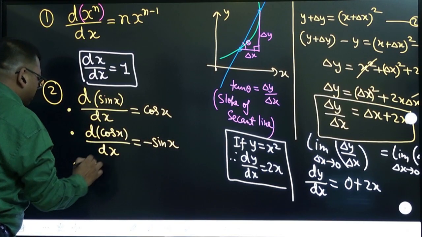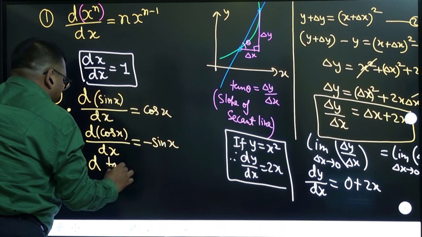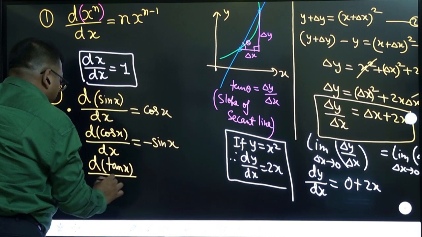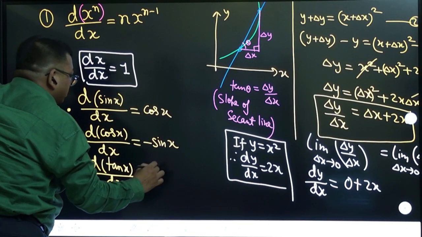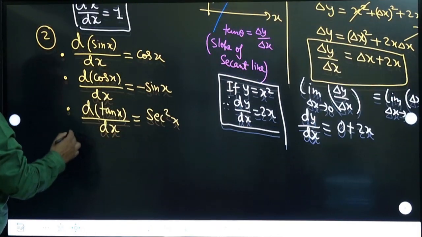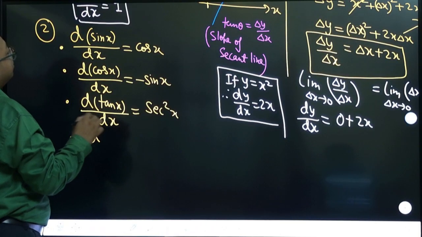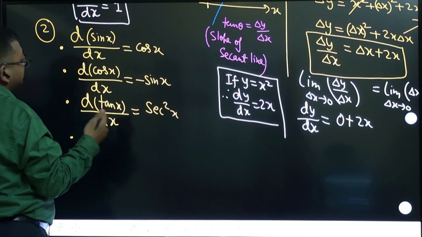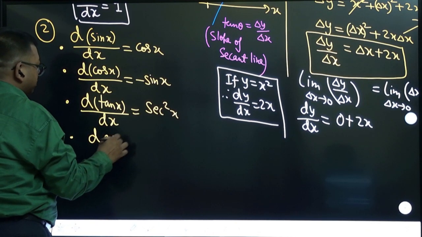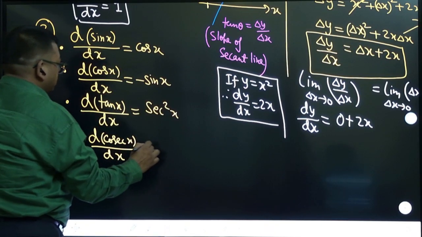Next, differentiation of tan x with respect to x is secant square x. Okay, then differentiation of, take the reciprocal, cosecant x with respect to x is what?